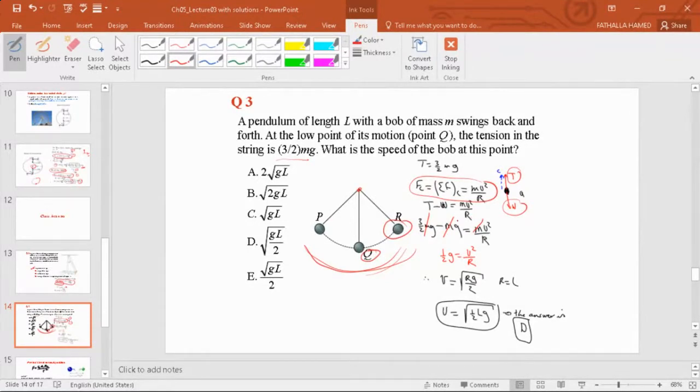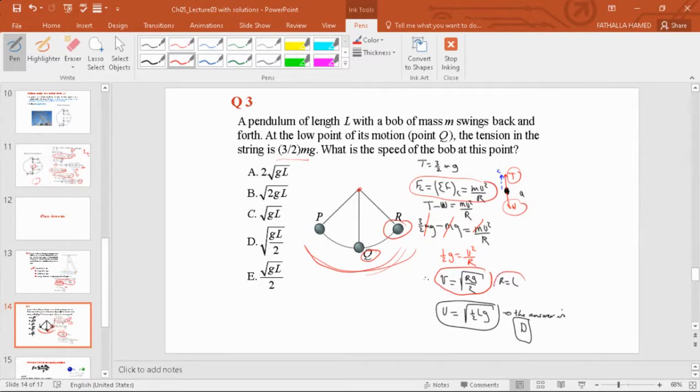You know that the weight is equal to mg, so your tension, they tell you it's 3/2 mg. So 3/2 mg minus mg equals mv squared over r. You cancel the m. 1.5 minus 1 will give you half. So half of g is equal to v squared over r. So your v will equal the square root of r g over 2.